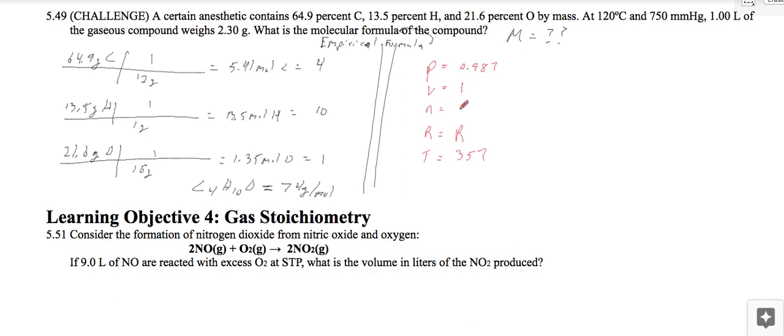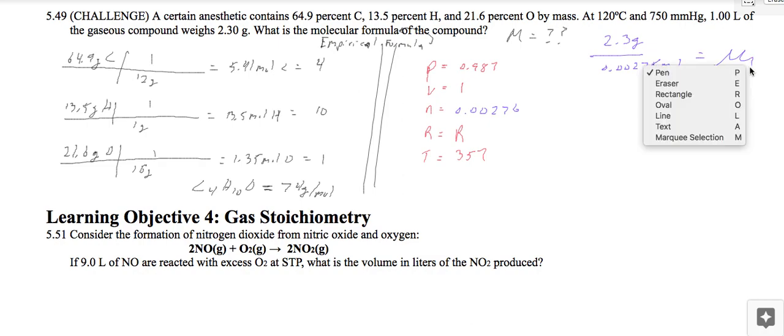Moles equal to, let's do this maybe in a different color, 0.00276. So take our mass, which is 2.3, divide it by our moles, 0.00276. And that's going to get us our, getting tired here, guys.